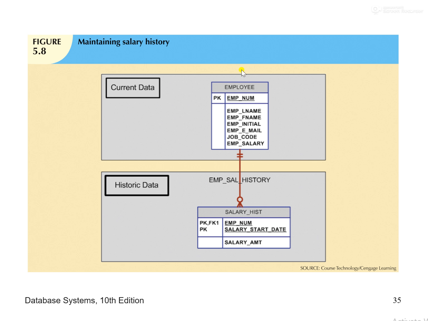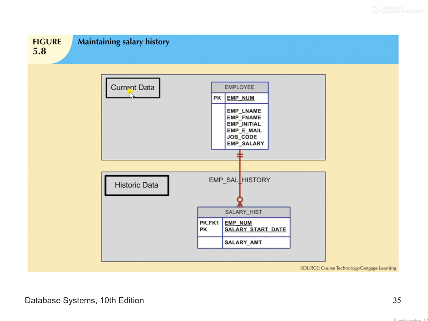Like here in this example, we have employee salary, one attribute in the employee table which keeps a record of his current salary, plus we have another entity, salary history, which is in one-to-many relationship with the entity employee.